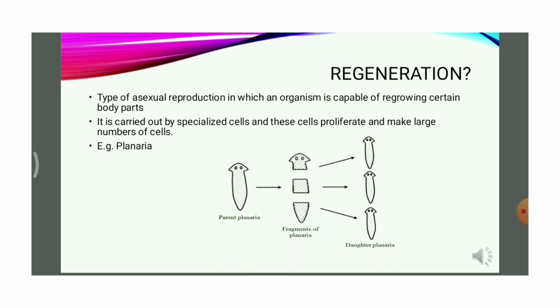Examples include planaria. So here in this picture we can see parent planaria which undergoes fragmentation first, meaning fragments of the planaria are formed, and then it will undergo regeneration which will form a daughter planaria. So here we can see in this picture.